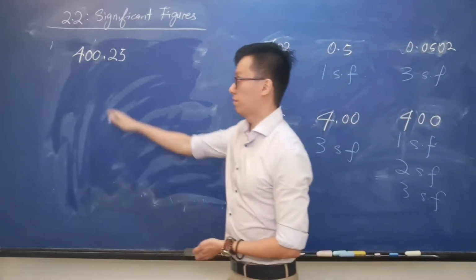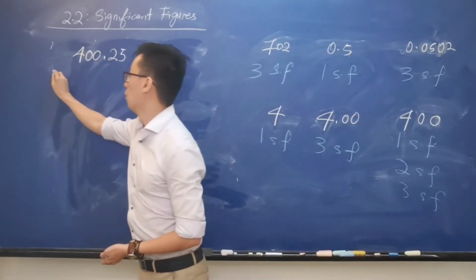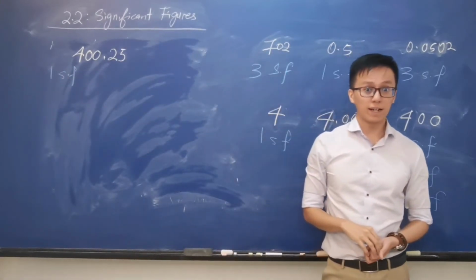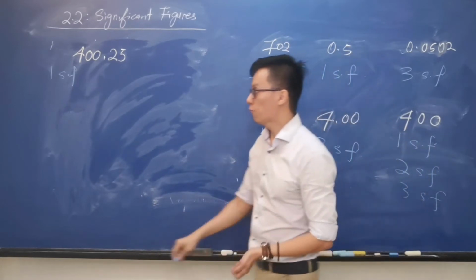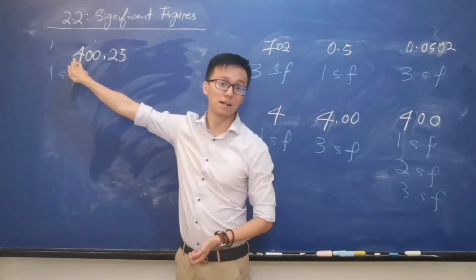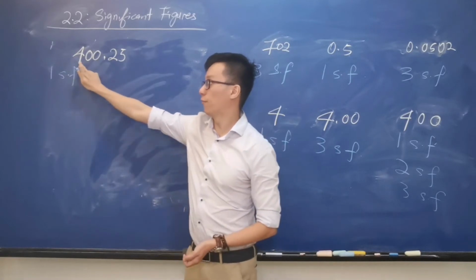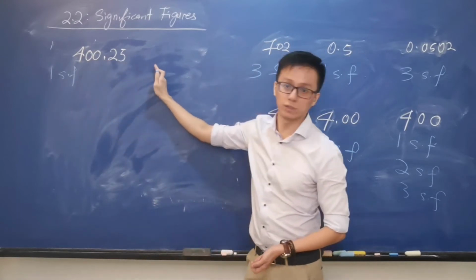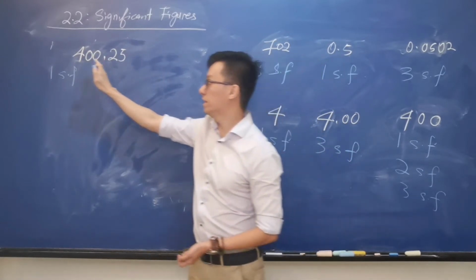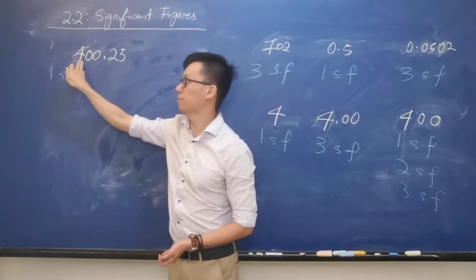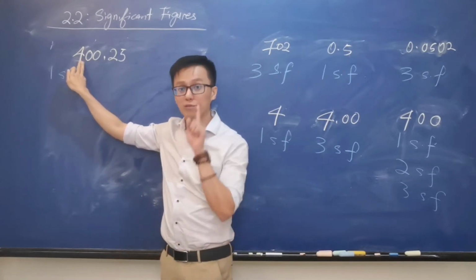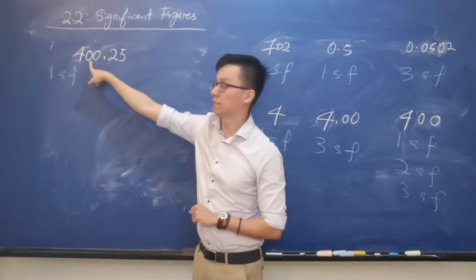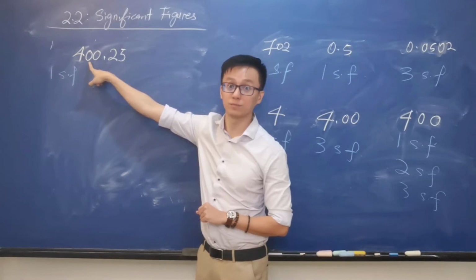Okay, if I want to write this number in one significant figure, we count from the left, starting from 4. So only one significant figure, the rest of the number here will turn to 0. Whether this number remains the same as 4 or changes to 5 by adding 1 depends on the second significant figure here.